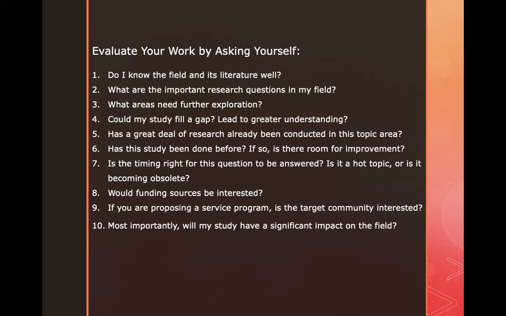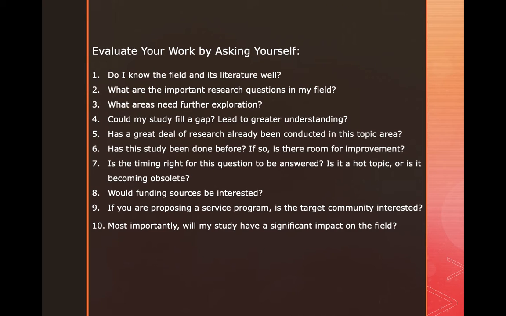Ask some of these questions to yourself when you're writing. Do you know the field and its literature? What are the important research questions in my field? What areas need to be further explored? Can your study fill some kind of gap and lead to greater understanding? Has a great deal of research already been conducted in this area?